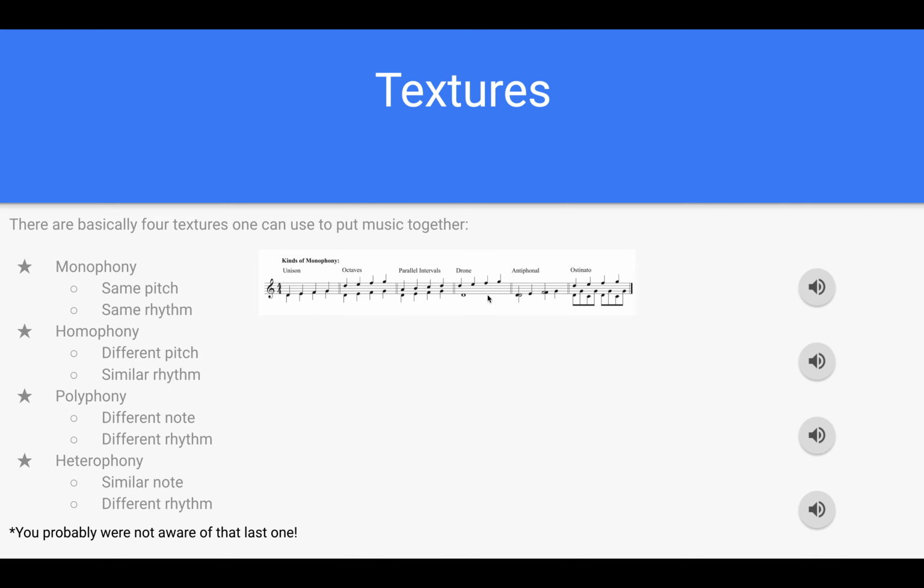And having a drone going while someone's singing, certainly a long note, that would be monophony. Also, antiphonal music, where you're kind of trading off the parts and the other one's holding a long note, that's considered a form of monophony. And then even if someone's doing an ostinato while someone else is doing the melody, that's really a form of monophony too. Let's take a listen to these four types.